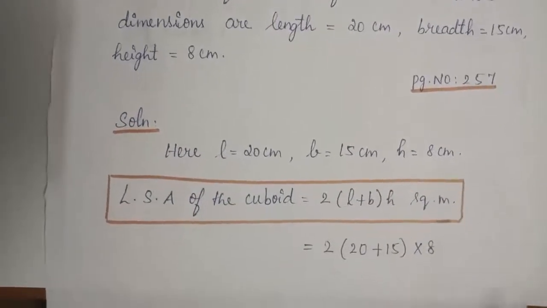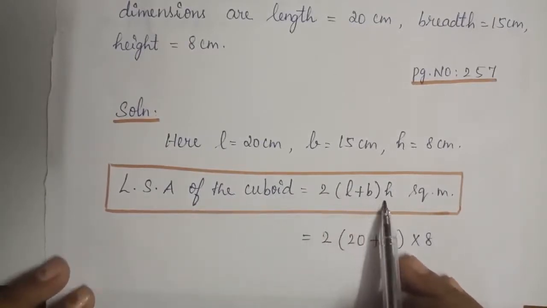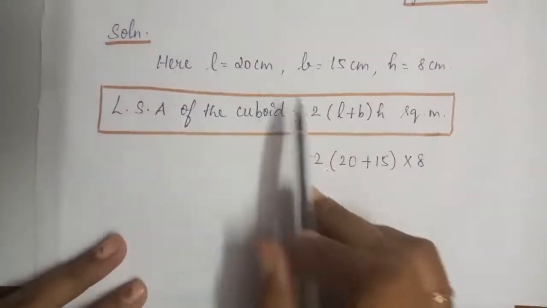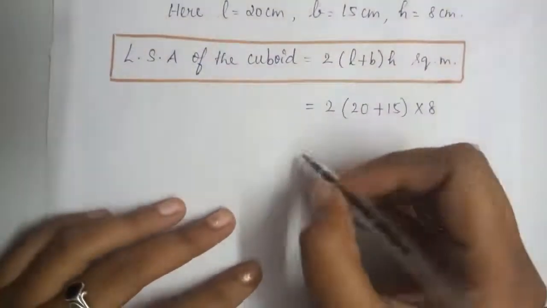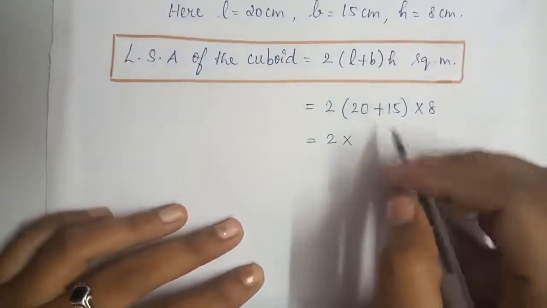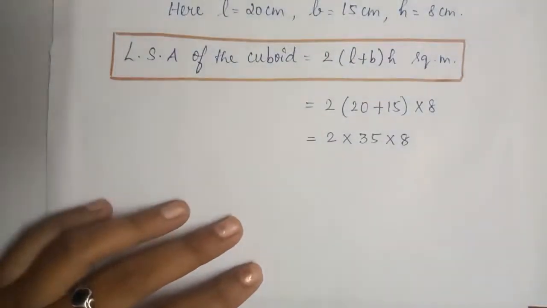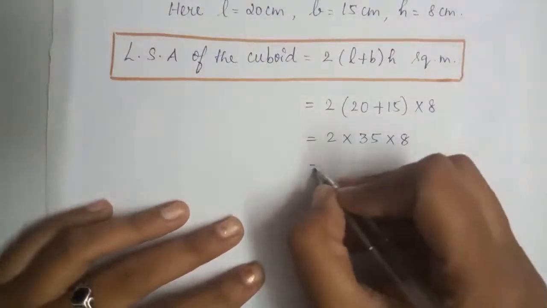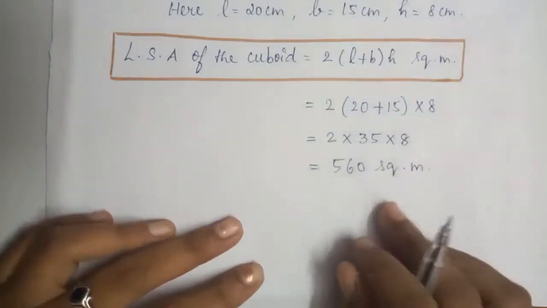So lateral surface area of the cuboid is equal to 2 into (L plus B) into H square units, which is equal to 2 into (20 plus 15) into 8. So 2 into 20 plus 15 is 35, so 2 into 35 into 8 gives 560 square meter.